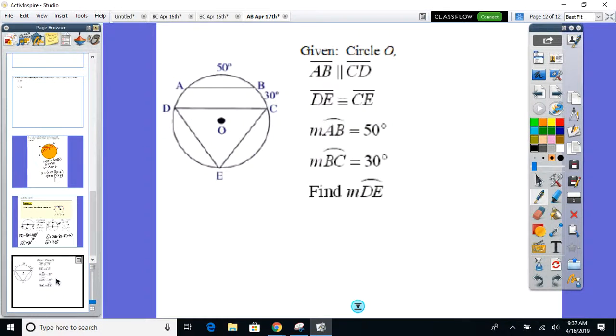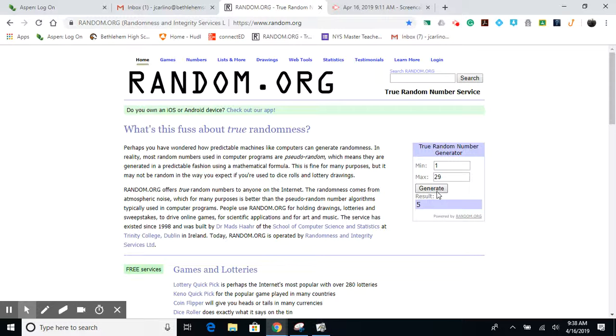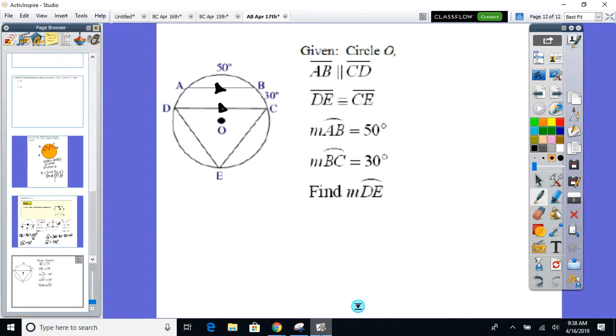And last one. Ooh, this one looks nasty. AB and CD are parallel. Okay, everyone stop. What two arcs are congruent? Okay, so I'm going to put a 30 on AD since they're congruent. And take a look, I also told you DE was congruent to CE. What's arc DE now?